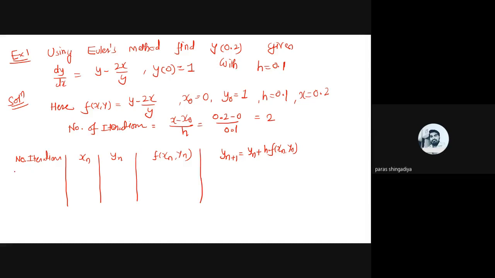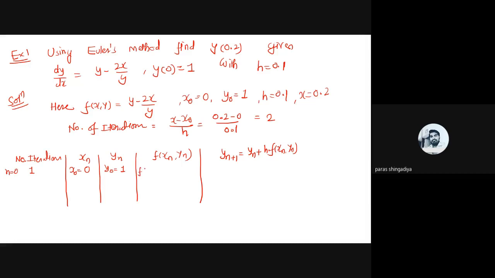Number of iterations: in the first iteration we will consider n is equal to 0. Clear? So here x0 will be, and what is the value of x0? That is equal to 0. What is the value of y0? That is equal to 1. And now check f of x0, y0. The function is y minus 2x upon y.